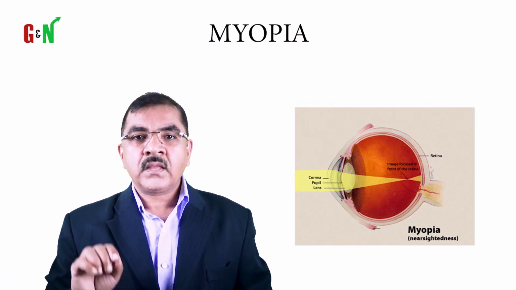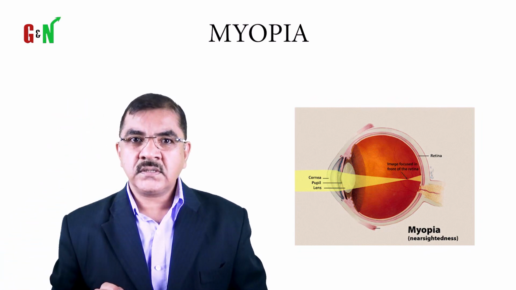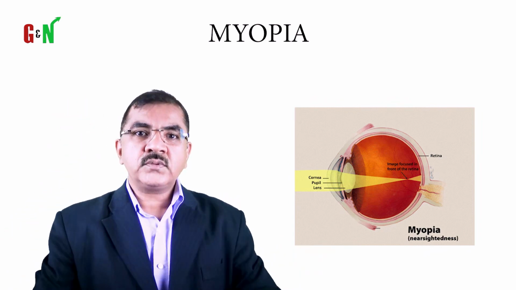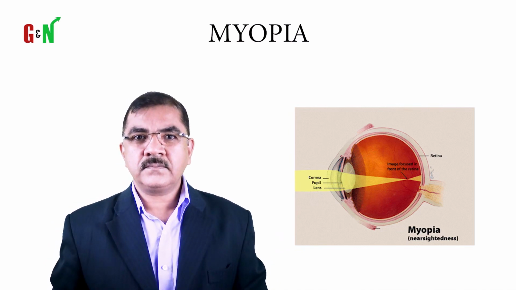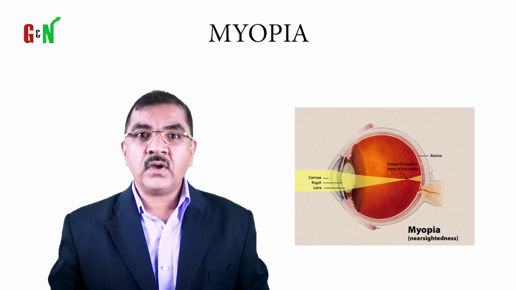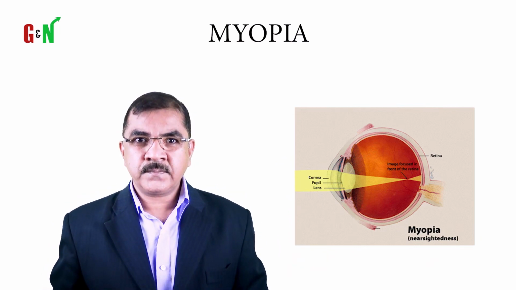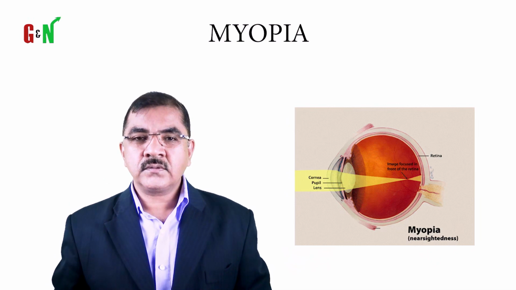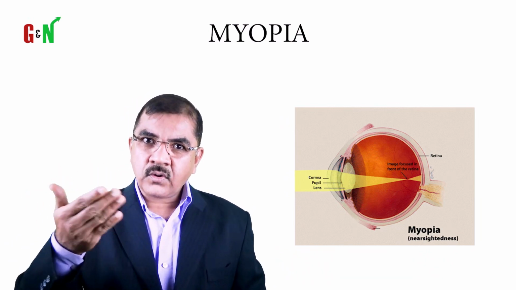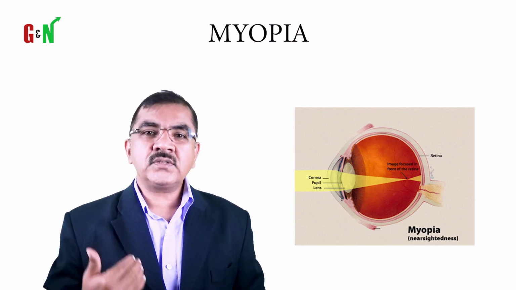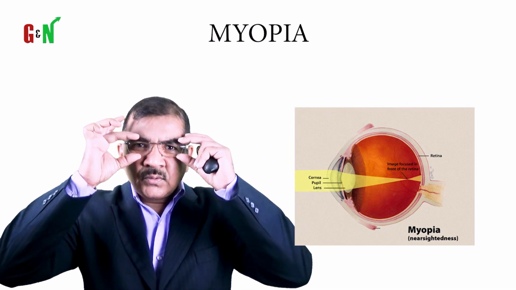The focal point of the image of the light falls in front of the retina. This is why in myopic patients you will have a problem with distance, whereas things which are very close to you will be very much visible. So if instead of plus 60 you have plus 62, you need to reduce it. So what do you do? You add minus 2 or minus 1, depending upon the correction required, in front of the eye through a lens.